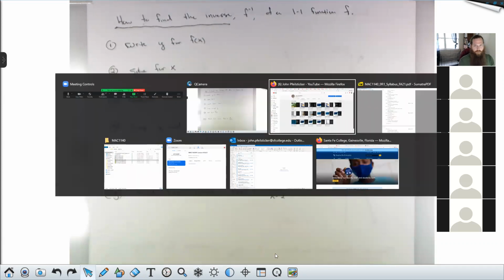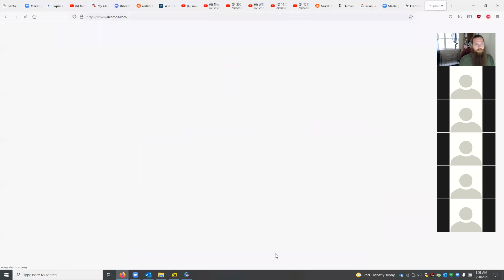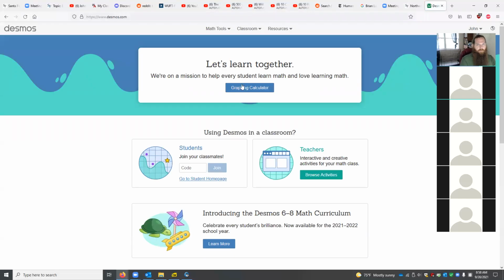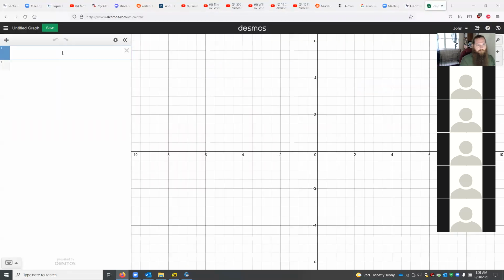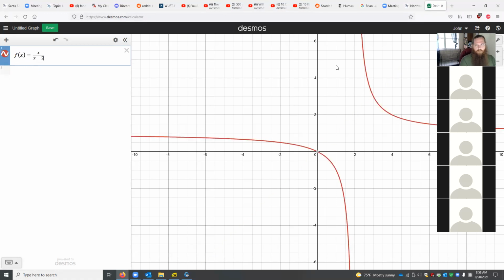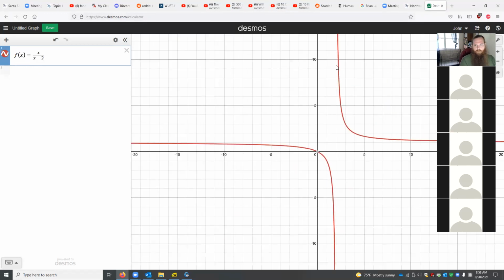I can show you its graph. Apply the horizontal line test just to be sure. Here she is.